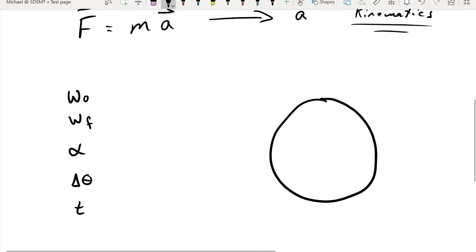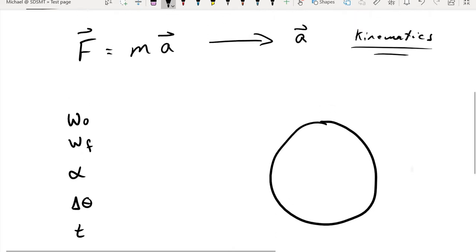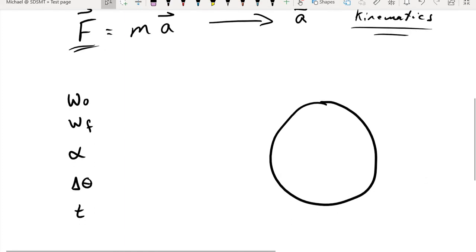How do we get it spinning? And the obvious answer would be, well, apply a force to it. Well, how are you going to apply a force to that wheel? Are you going to apply it at the surface? Are you going to apply it somewhere between the surface and the center point? Are you going to apply the force at the center point?